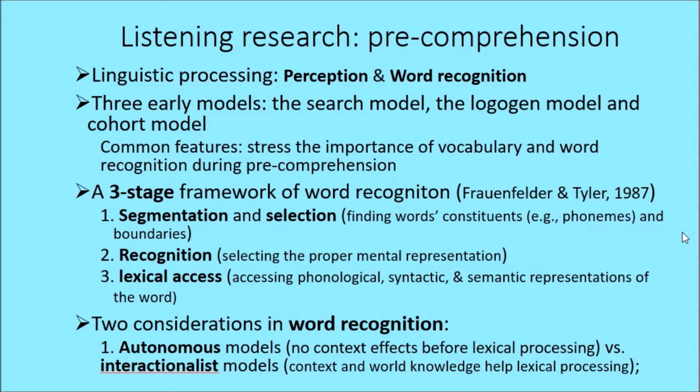So, first of all, the process of pre-comprehension. This stage consists of perception and word recognition. Perception refers to the process of hearing. When we hear the signal, we convert it to electrical impulses, and then they are transferred through the nervous system to certain parts of the brain.